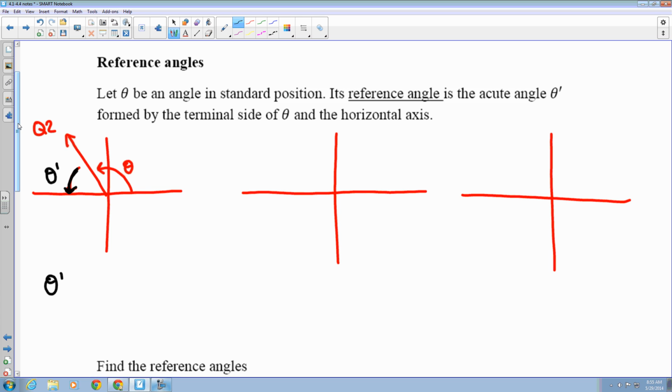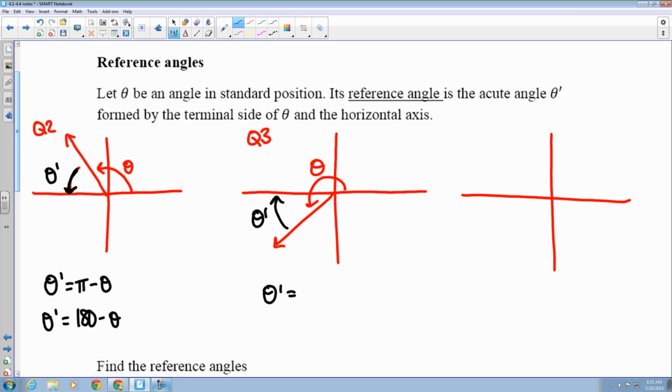To find that in quadrant 2 in radians, we would take pi and subtract off our angle, or in degrees, we would do 180 minus our angle. Okay, quadrant 3, my angle would end over here. So remember, we're trying to get back to the horizontal axis, so we actually have to go backwards on this one to find theta prime.